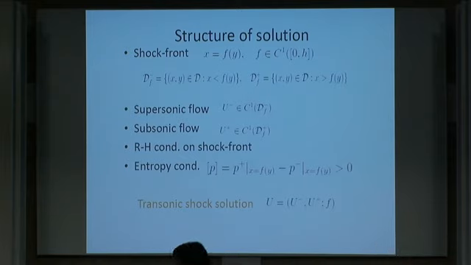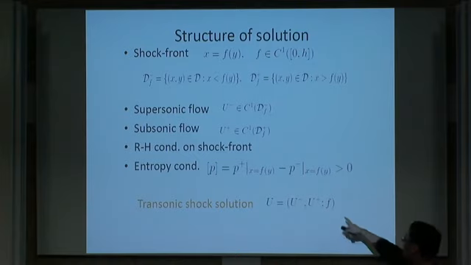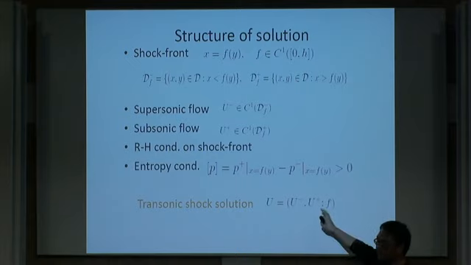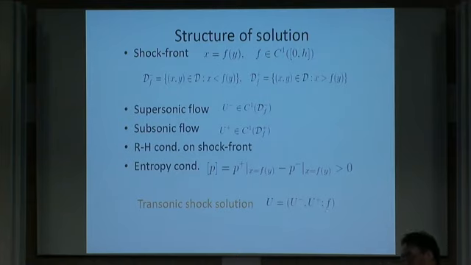So from supersonic to subsonic, the entropy should increase. If U minus, U plus, and f satisfy these conditions, we call this a transonic shock solution. So now we have a boundary value problem and the space of solutions, so we have formulated our mathematical model.